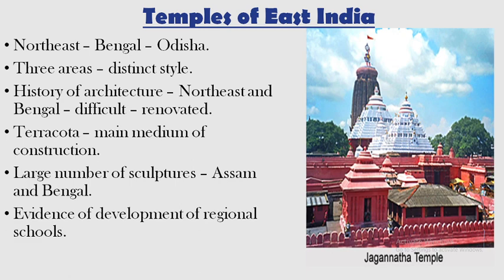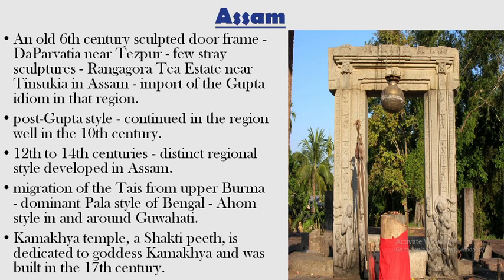So we can easily say that these area temples were mainly constructed of terracotta. A large number of sculptures found in Assam and Bengal show the development of important regional schools in these regions. So let's see Assam in focus first.